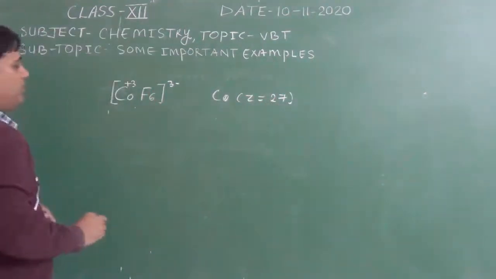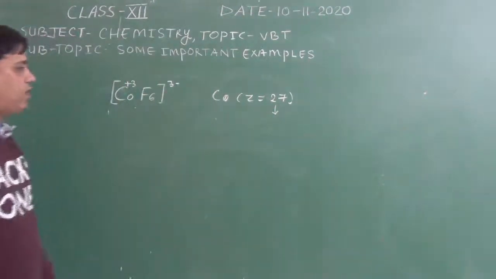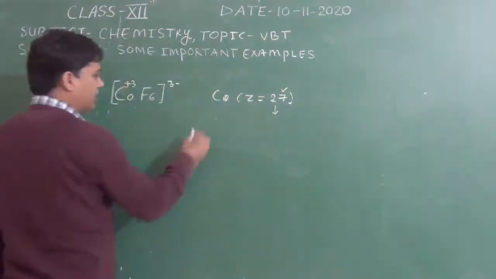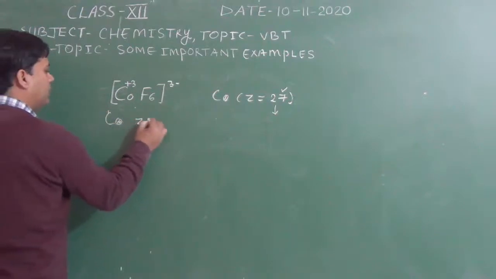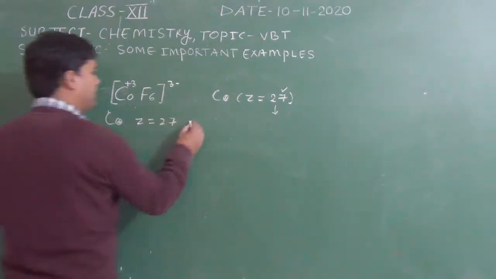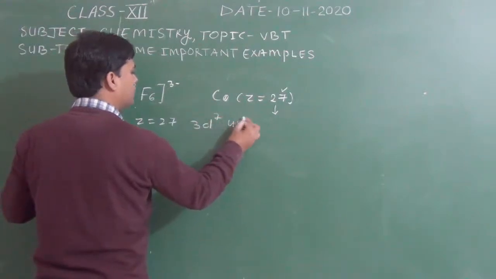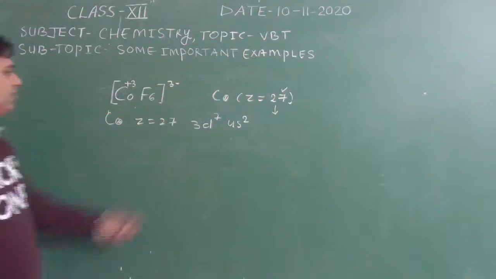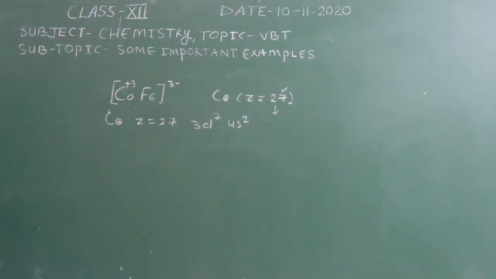You are required to write the electronic configuration in terms of outer s and outer d electrons. For Co, Z equal to 27, it is written as 3d7 4s2. This is the outer electronic configuration of cobalt.